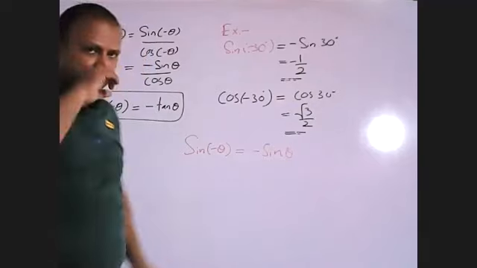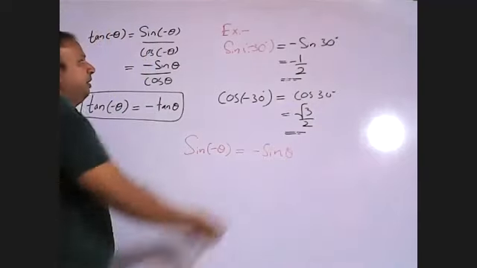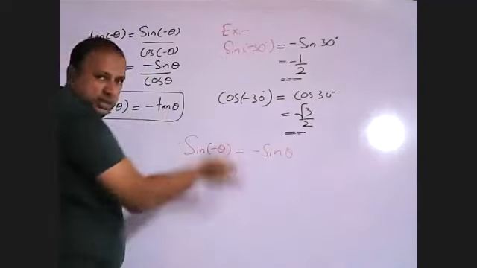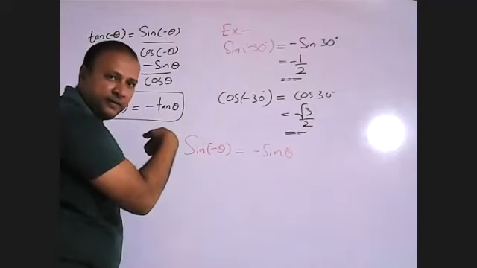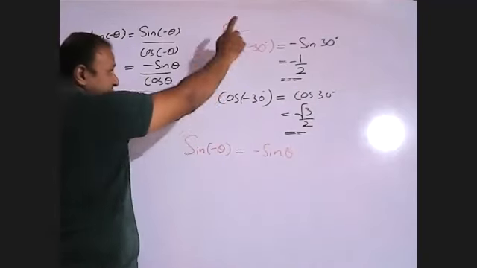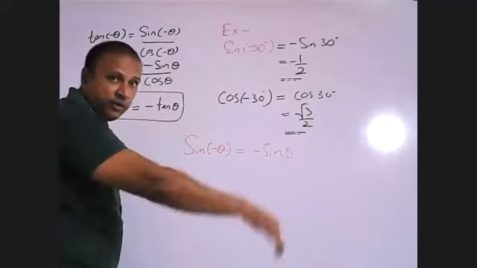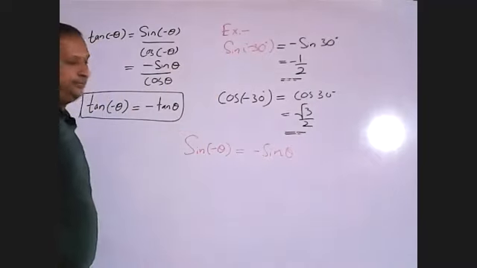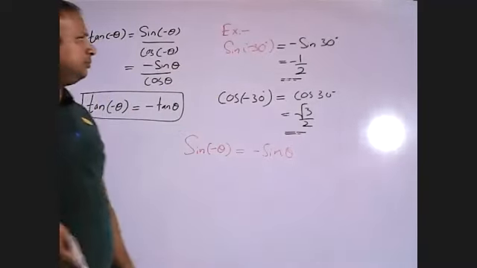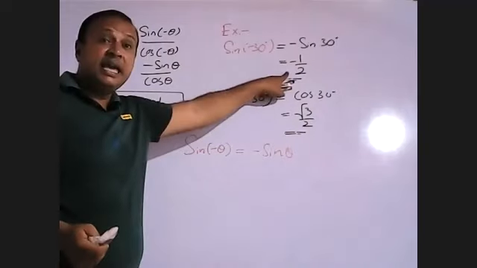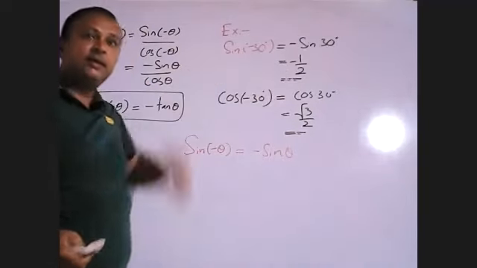If the angle is positive, the direction of rotation is anti-clockwise. If it is negative, the direction of rotation is clockwise. This represents the value of the ratio.